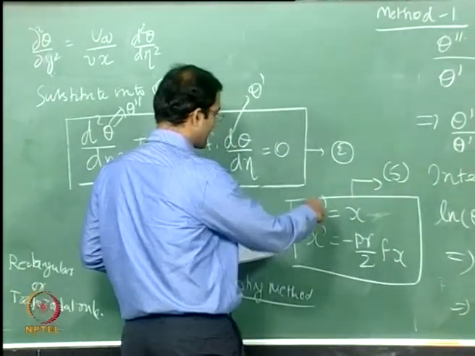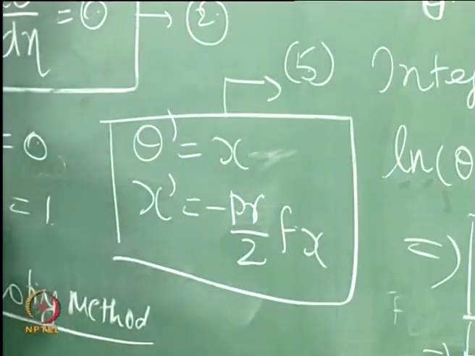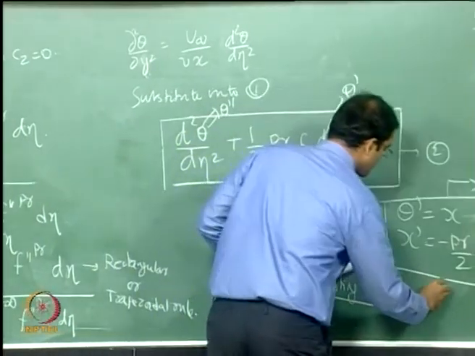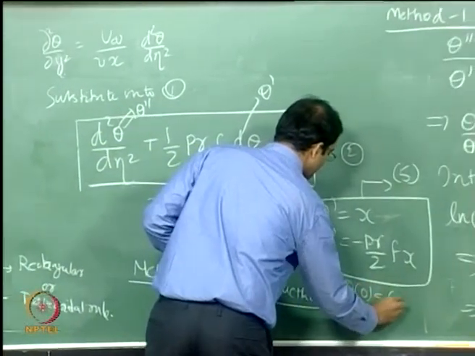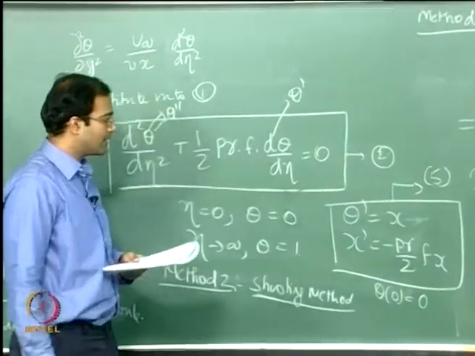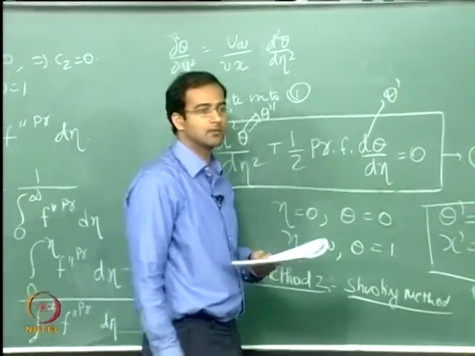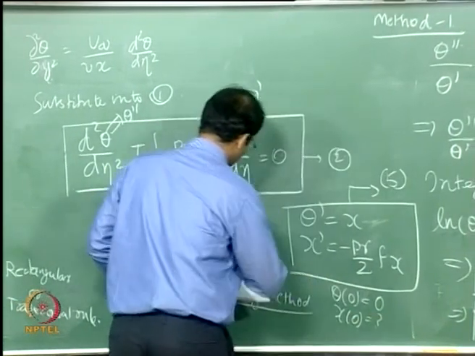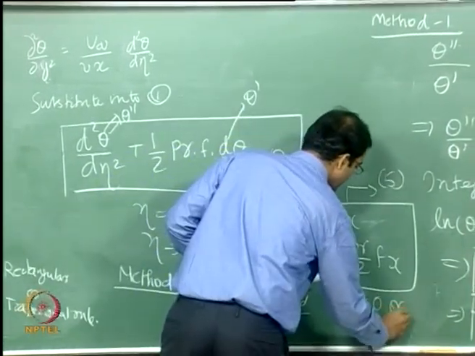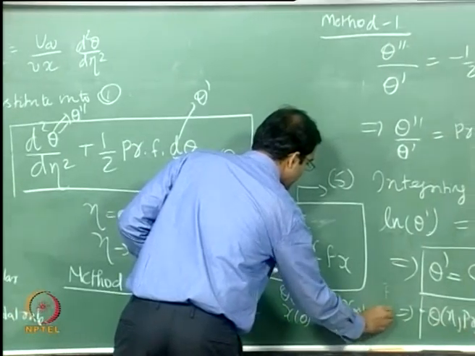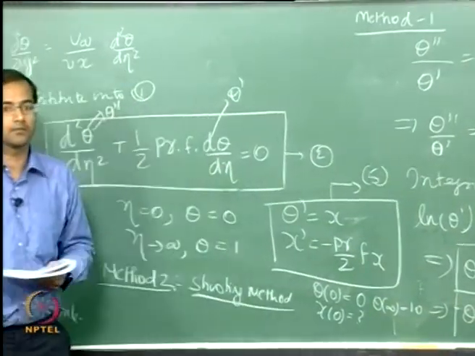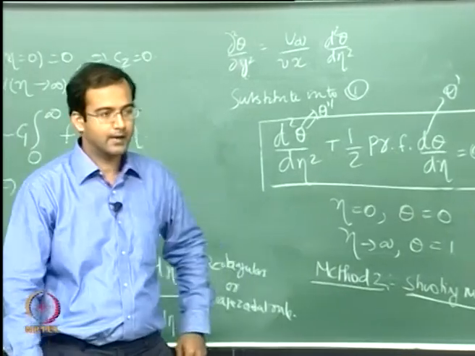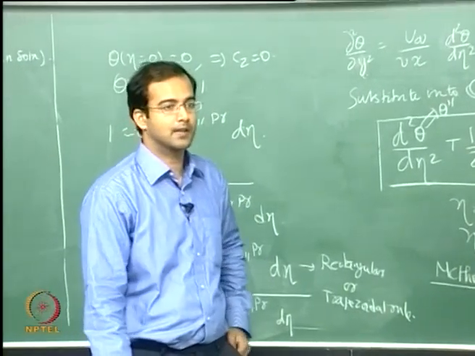You have the boundary condition for theta at eta equal to 0, so theta at 0 equal to 0, but you don't have the boundary condition for x at 0. But you know that theta at infinity should be equal to 1. Now this is the same kind of problem that you did for the Blasius case.